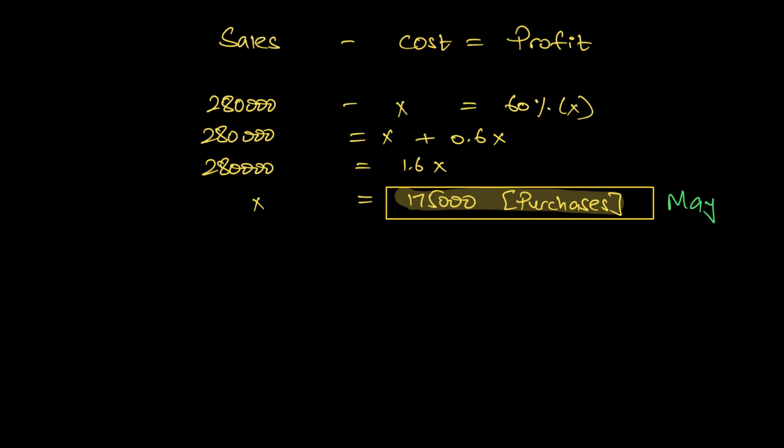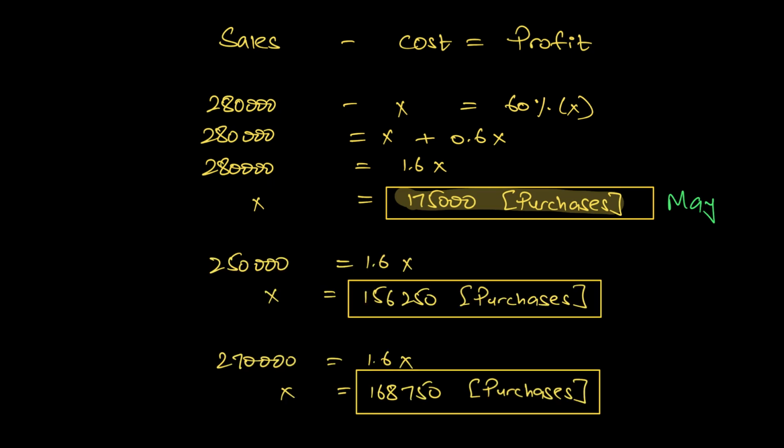Alright, let's do the same thing for the other ones as well. The sales in July is 250,000. I'll just do 250,000 as 1.6X. I get my purchases to be 156,250. That's my purchases, but remember again, this was bought in the month of June. Next one, sale in August is 270,000. If you solve it similarly, you'll get your purchases to be 168,750, but this one was purchased in the month of July.